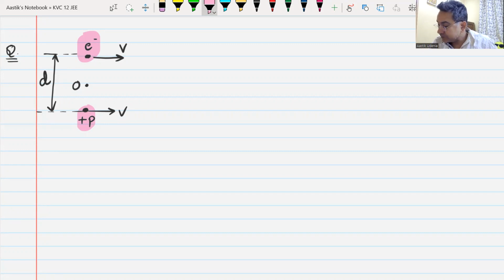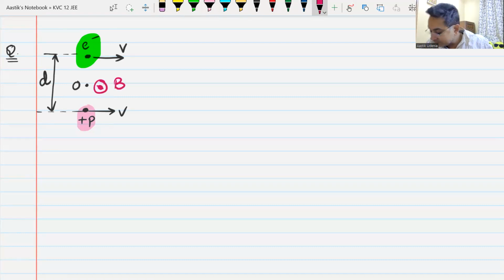Let me call proton as pink. In which direction is the proton going to create field? V cross B. So the magnetic field of proton will be coming out. Yes or no? What about the field of electron?